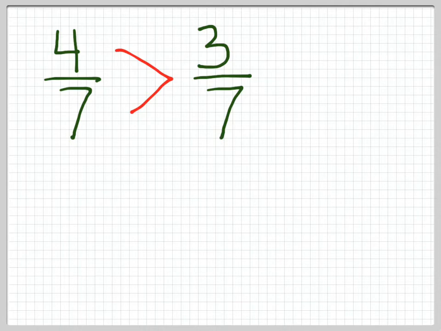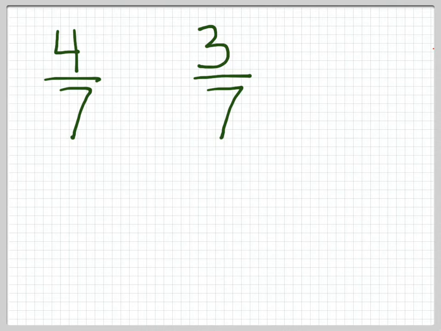Remember, the way these alligator mouths work is they're mean and they want to eat the bigger number. So they're always opening up and trying to bite down on the bigger number of the two. Greater than signs and less than signs are what we use when we're comparing two rational numbers, in other words, comparing two fractions.